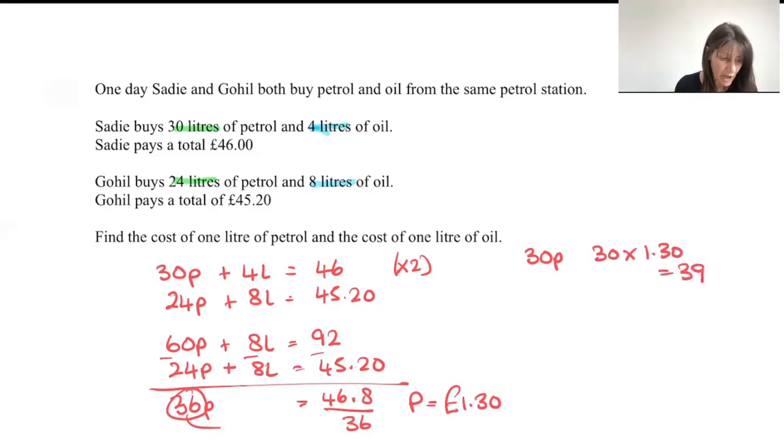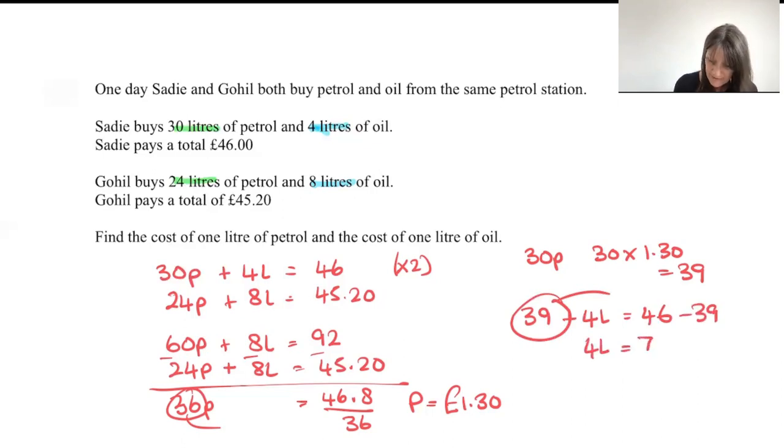So I now know that I've got 39 for my petrol plus 4 litres equaling 46. Take off 39, and I've got 4 litres of oil equaling 7. Divide through by 4, and your litres is £1.75.